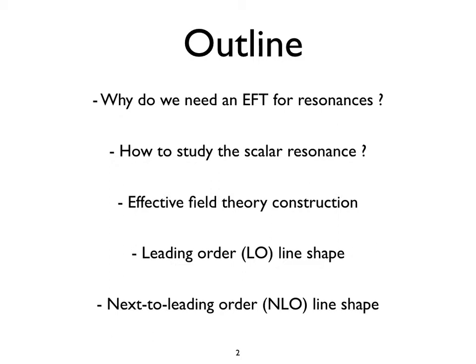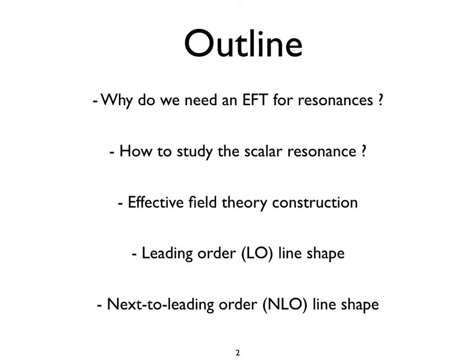Next, we will construct an effective field theory of the elastic fermion scattering in the resonance channel with a scalar exchange. I'm going to concentrate on details of the leading order Lagrangian for each interacting field, and will briefly discuss the theory at the next leading order. At the end, I would like to present the results for the resonance curves or line shapes.